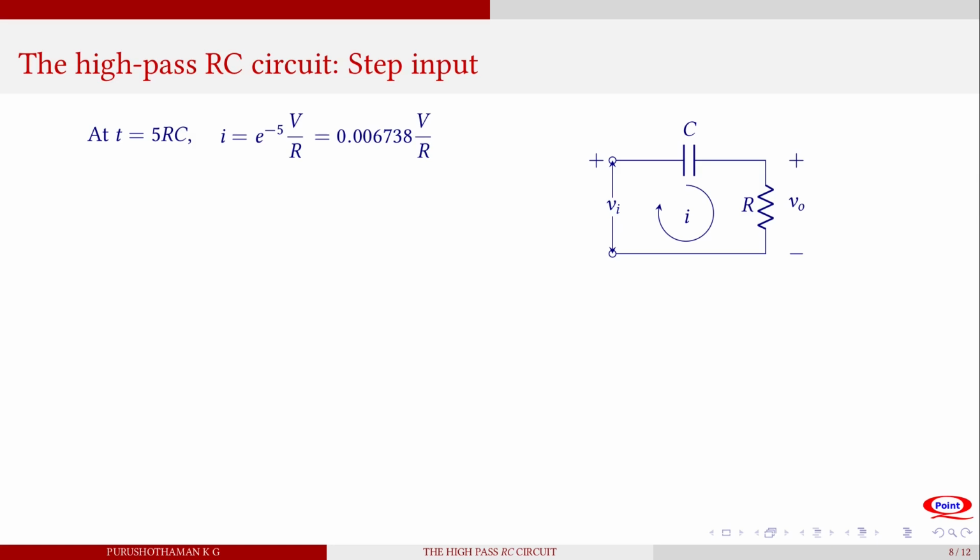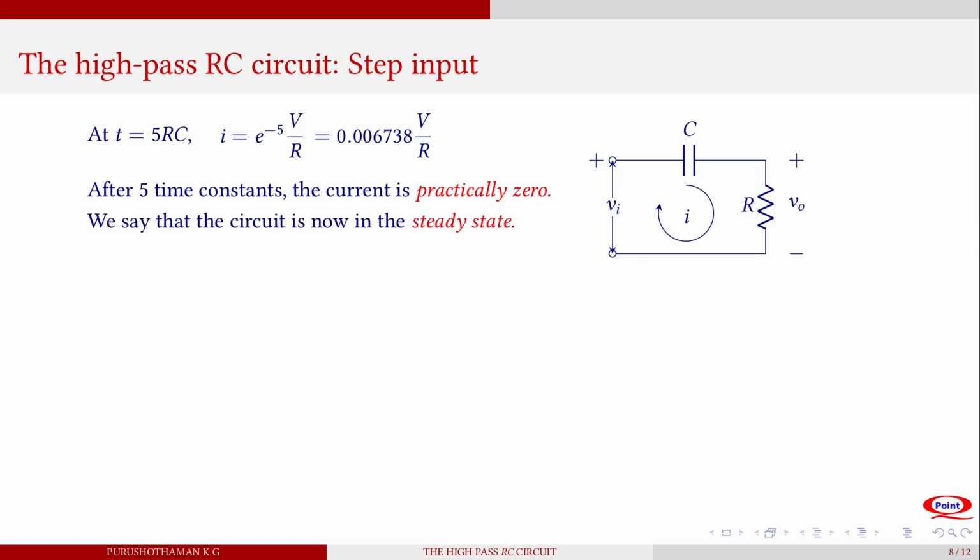So even if the current becomes zero only at t equal to infinity, we say that the current is zero practically at t equal to 5 RC or for times greater than 5 time constants. So for time greater than 5 time constants, we say that the current is equal to 0 and we say that the circuit has entered steady state.